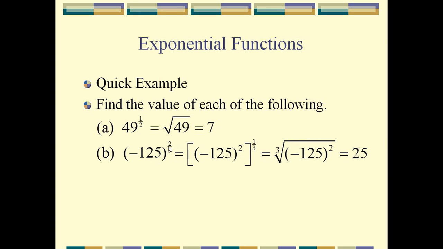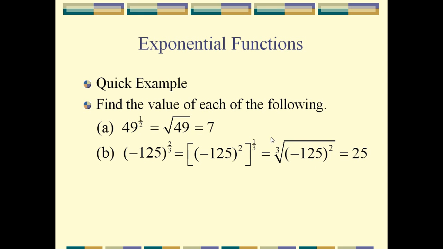So here you apply the power 2 first to make sure that it will be positive, and then take the rational index 1 over 3. Now the negative is gone, and you will get the cube root of the answer of this expression. Now you can press your calculator to find that the answer is equal to 25.